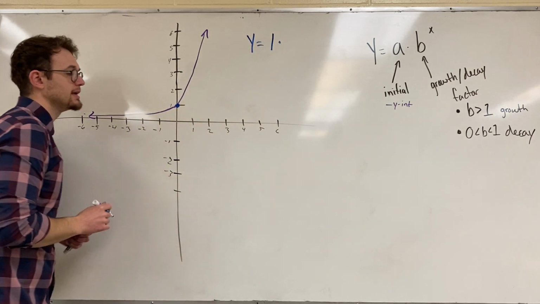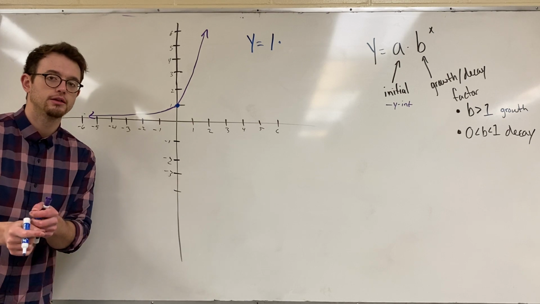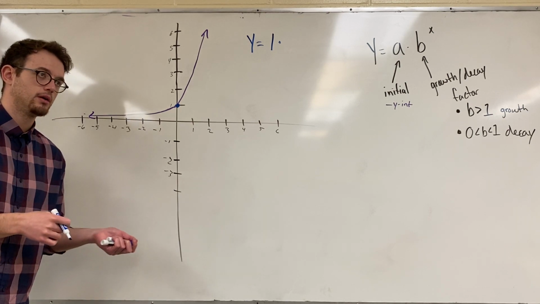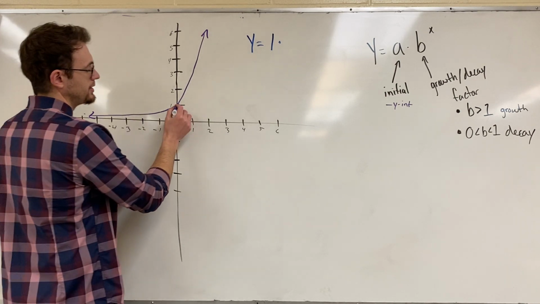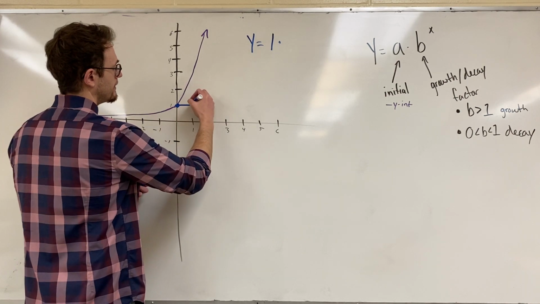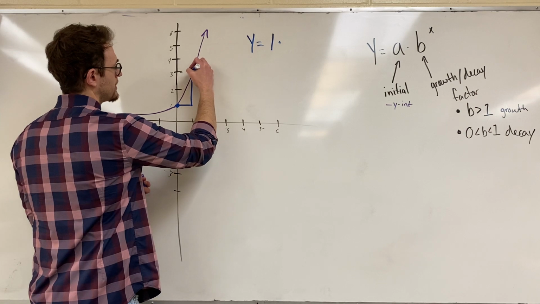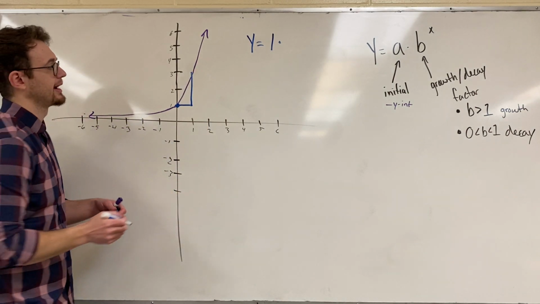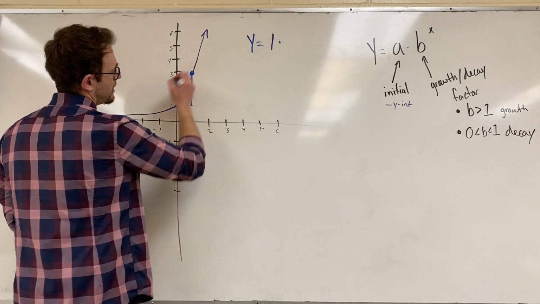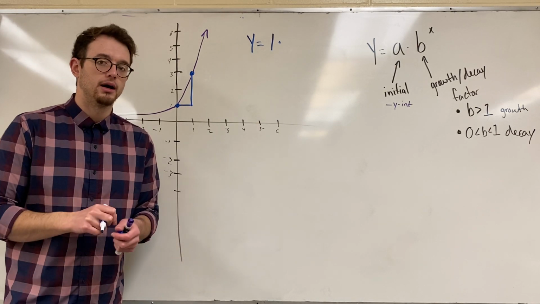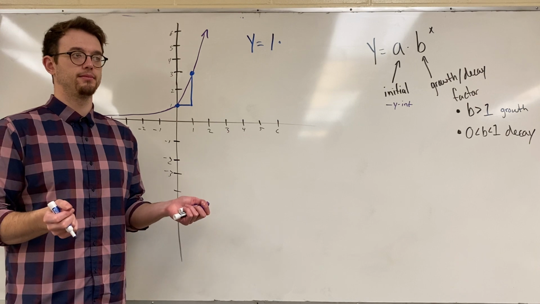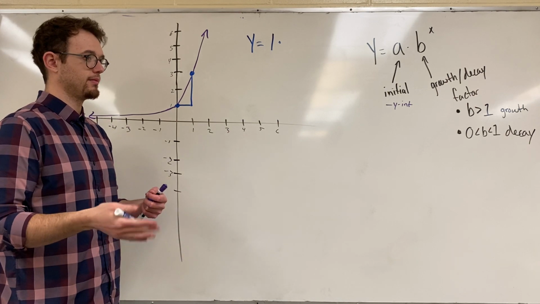Times B. We're going to do the same trick to figure out what B was, or how we used B last time. And that is go over 1 unit and then go up. Now for the sake of this, I tried to draw it accurately, it was going to cross at 3. What do I multiply 1 by to get 3? 3.